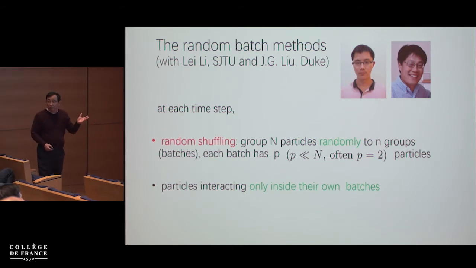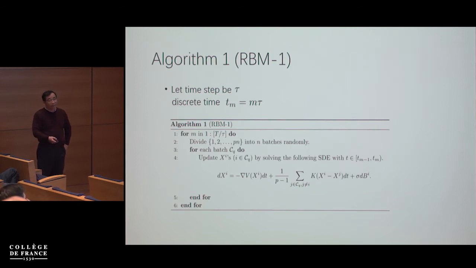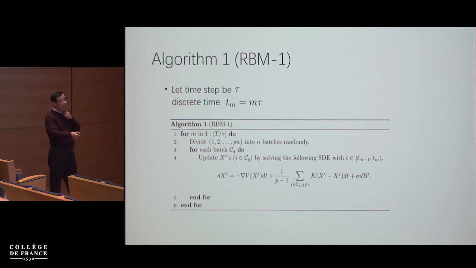So that's the method. If you write the code, it's just a few lines. You select a time step, and suppose you have done m time steps. What do you do next? You regroup, where p times n is capital N. You regroup them into n batches randomly.